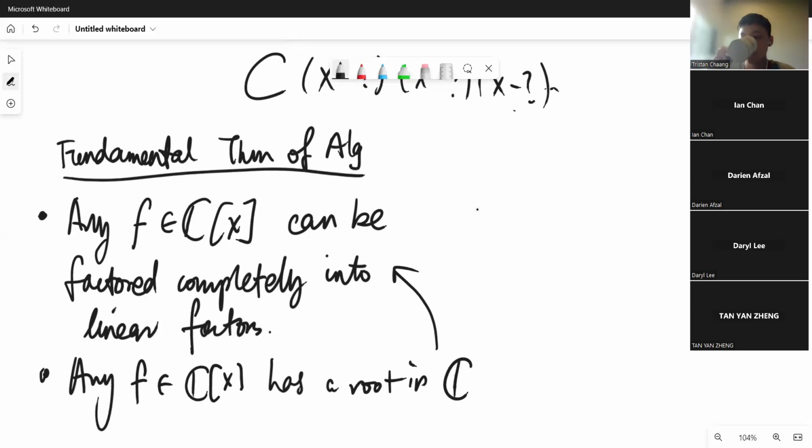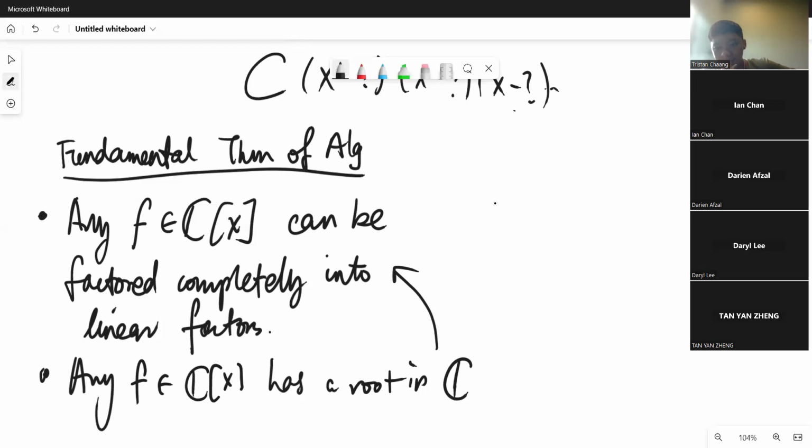Anyone? x minus r divides f(x) if and only if f(r) equals 0.